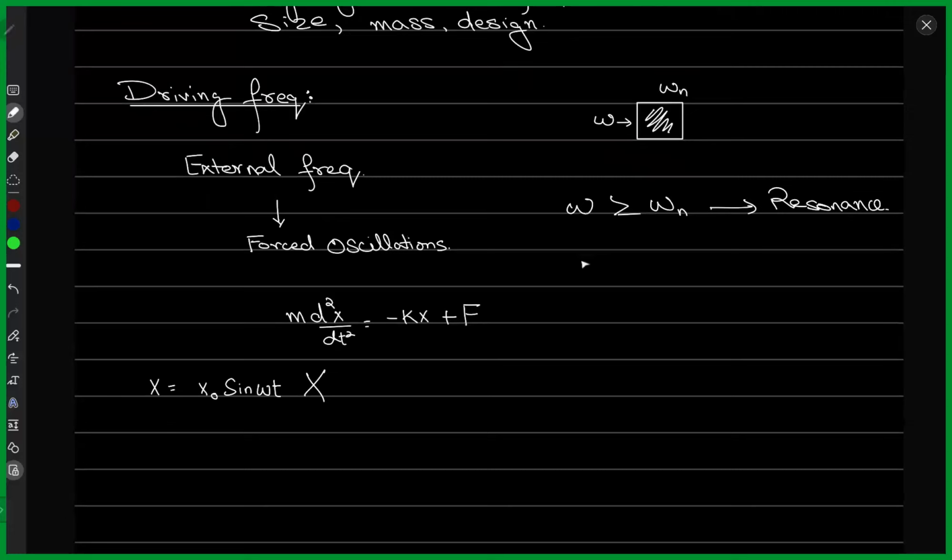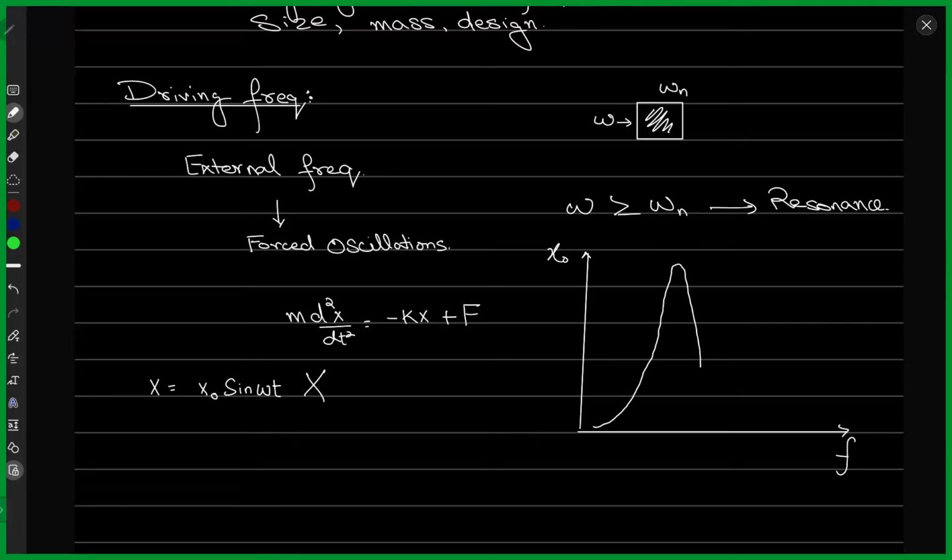I'll just show you a graph between the frequency and the amplitude of the oscillations for a resonance case. So if I have frequency over here, and suppose I have amplitude x naught over here, the graph looks like a sharp peak, right?